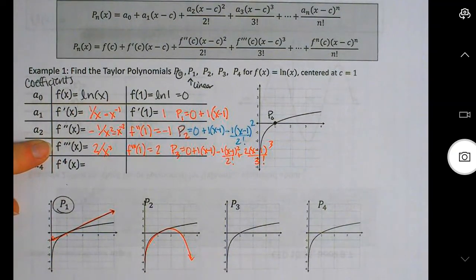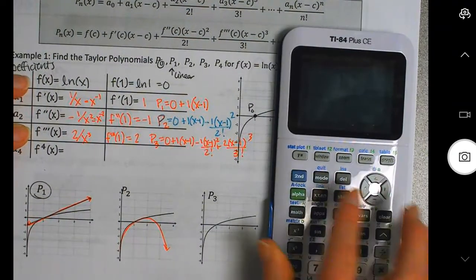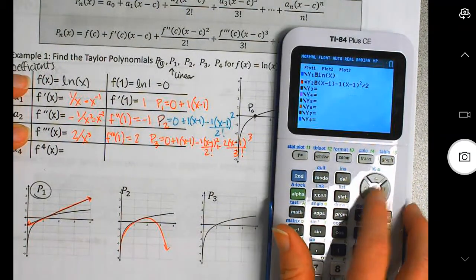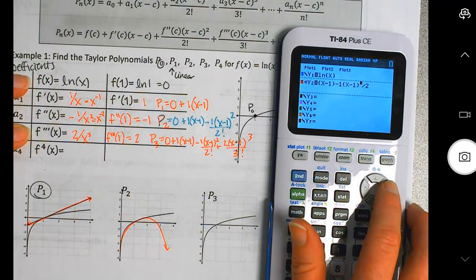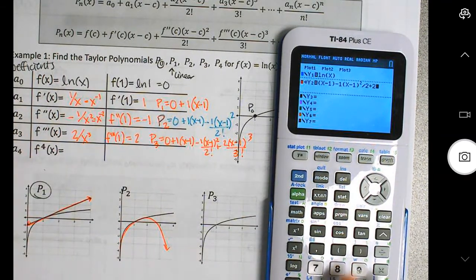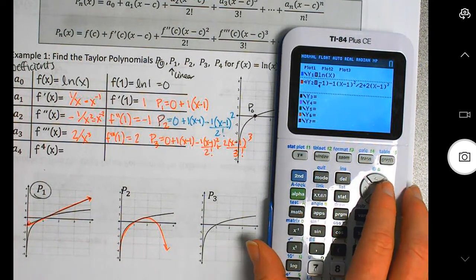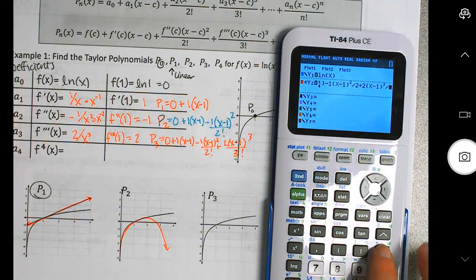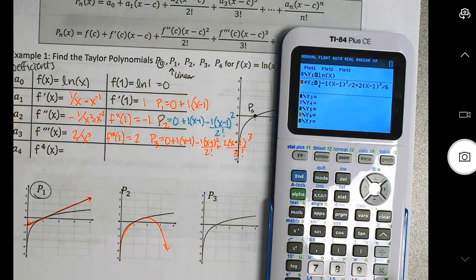Okay, so now I'm going to add that there. I'm going to keep my same equation, just add more terms. So plus 2 times (x minus c, which is 1) cubed, divided by 3 factorial, so that's 3 times 2 is 6.